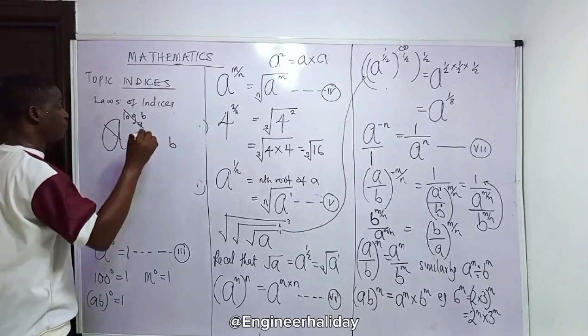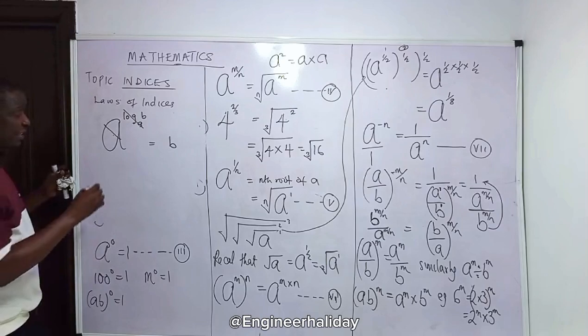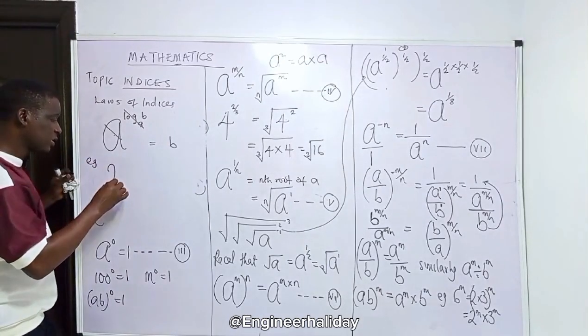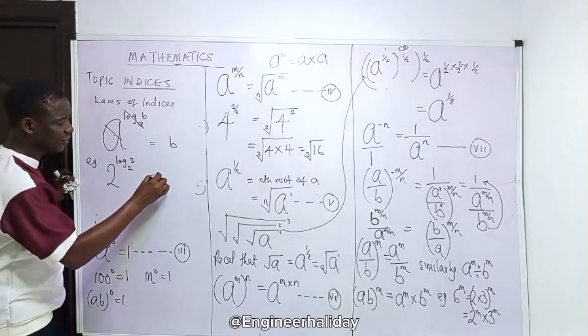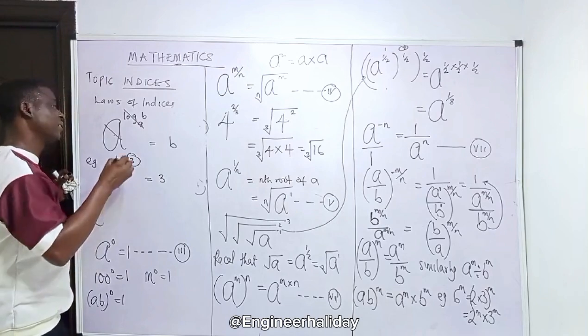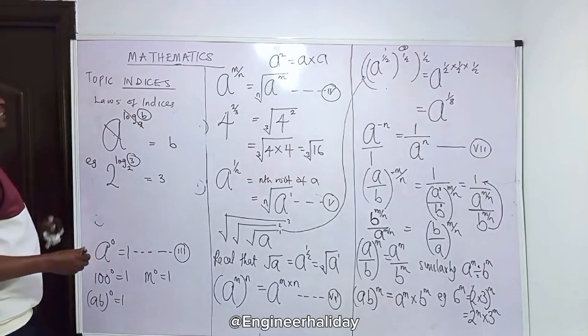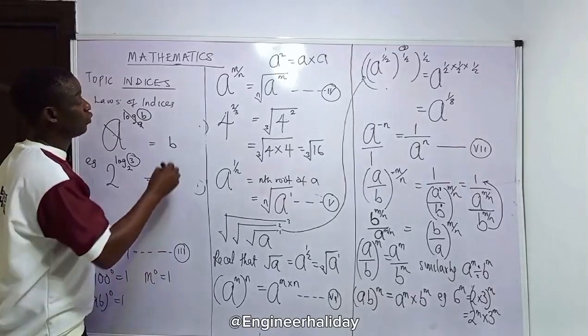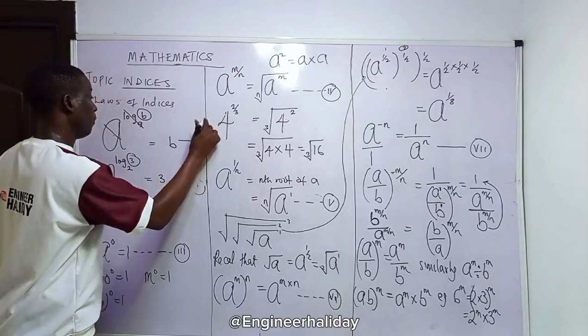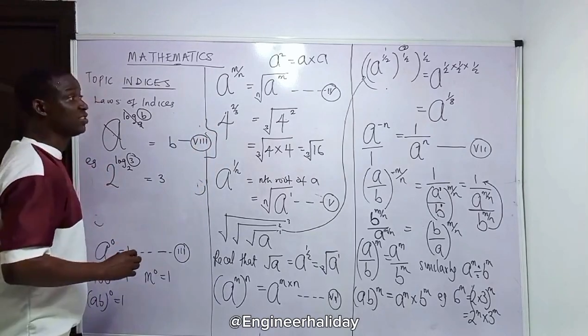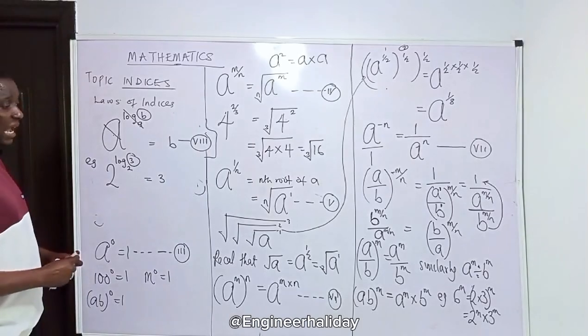So the answer becomes b. That means, for example, if you have 2 raised to the power of what? Log to base 2 of 3. The answer to this question is just this 3. So that is an additional law to what I have given to you, which is what? Law number 8. So please ensure you study this law and master it.